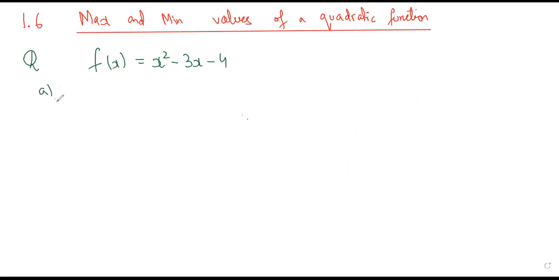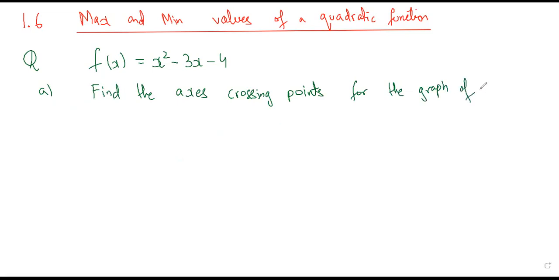Part A says, find the x-axis crossing points for the graph of y equals f of x.